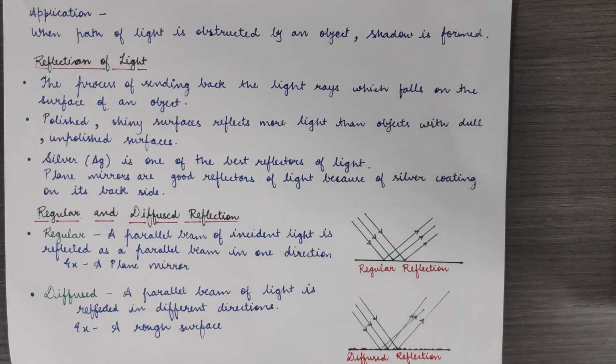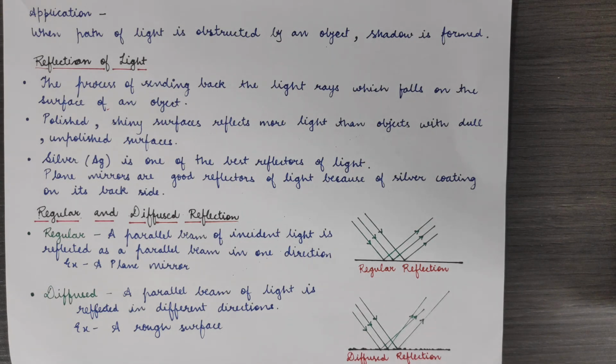That's why behind the plane mirror there is a coating of silver, because around 99% of the light is reflected by silver. So silver is used as the coating on the back side of the plane mirror, and that coating is again protected by paint.